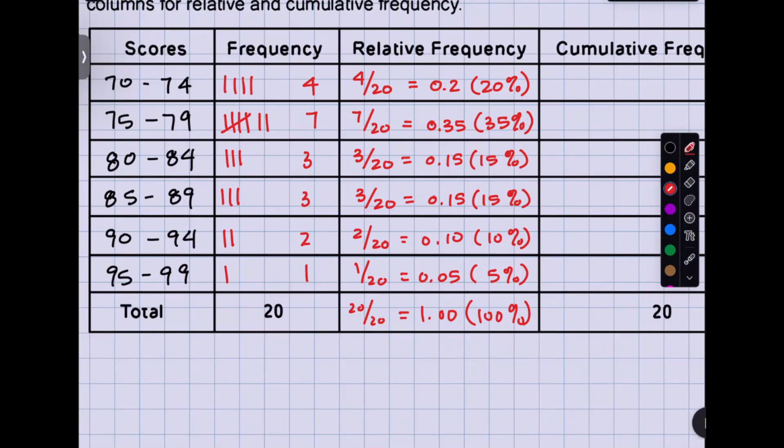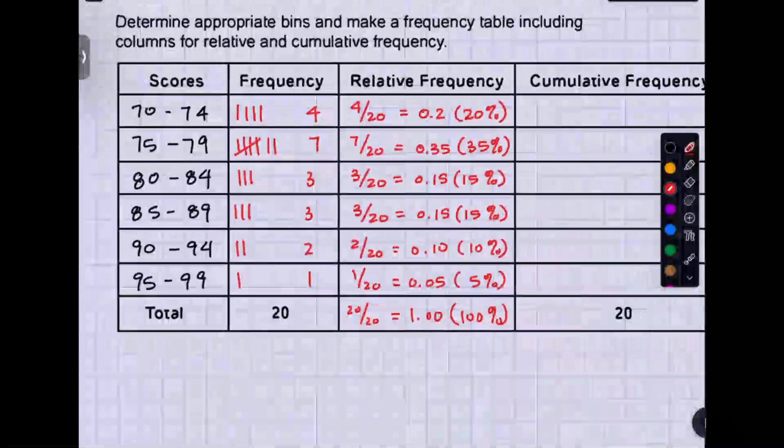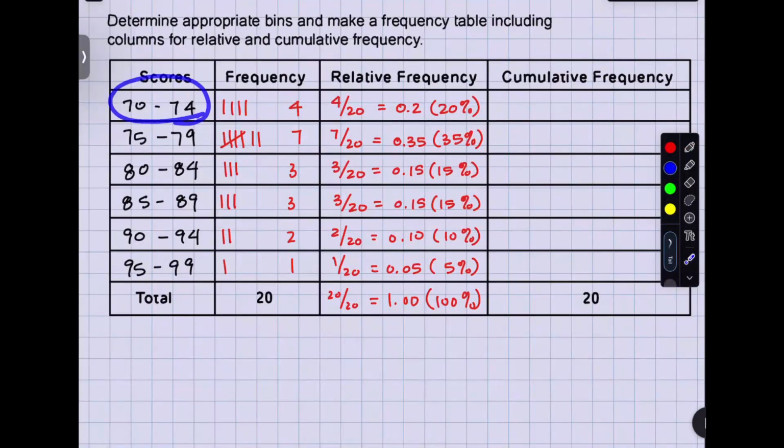What does cumulative mean? It means that when I start from 70 to 74, I accumulated 4. When I get to the next, I added 7 more to this 4, so now I'm up to 11.